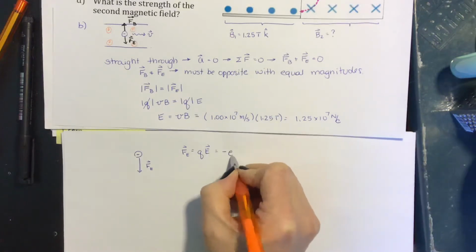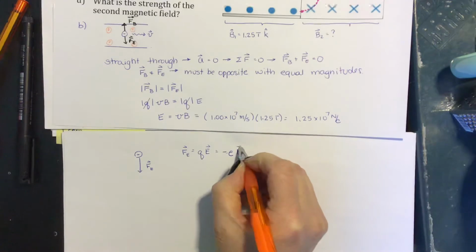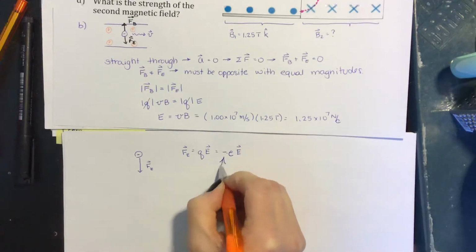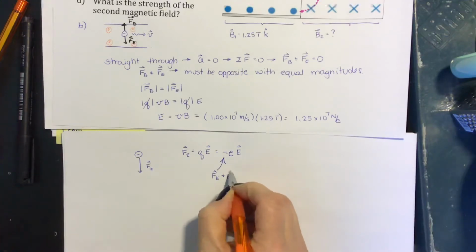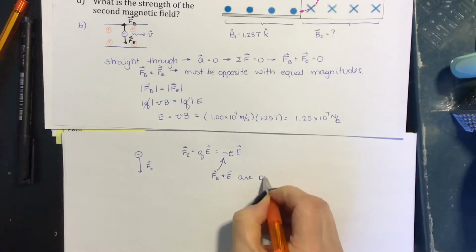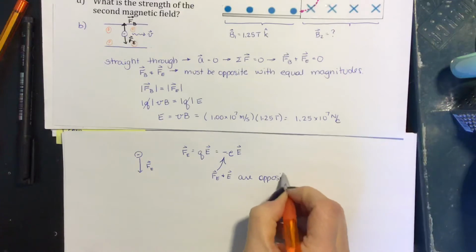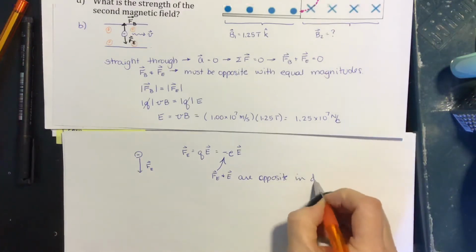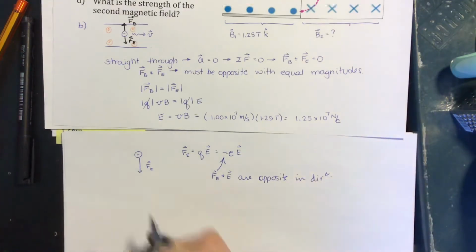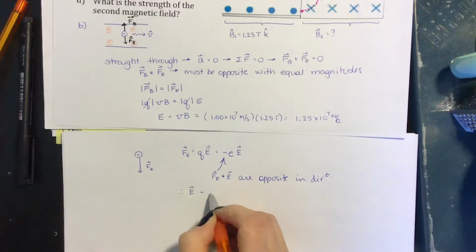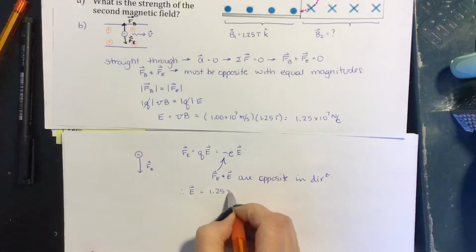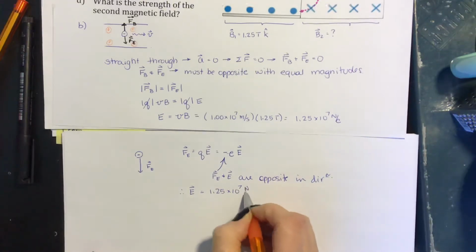So this minus sign here says that the electric force and the electric field are opposite in direction. So our Fe is down, so our electric field E must be up. So E is 1.25 times 10 to the 7 newtons per coulomb J hat, where J hat points up, where we defined our electric field.